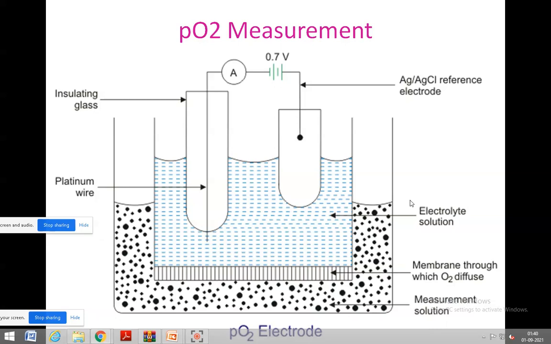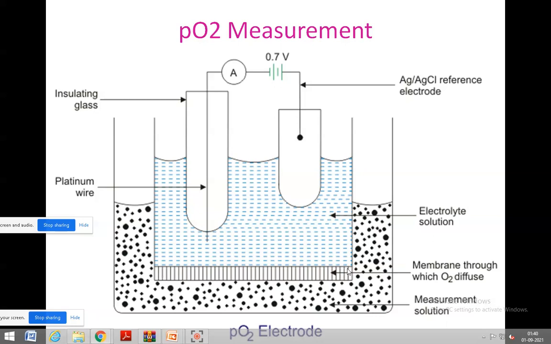In the container you will have the measuring solution. Inside that container you are going to have another container with the electrolyte solution. The electrolyte solution is nothing but a substance which conducts electricity.